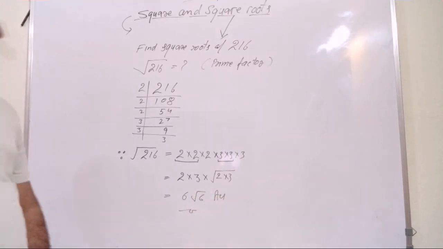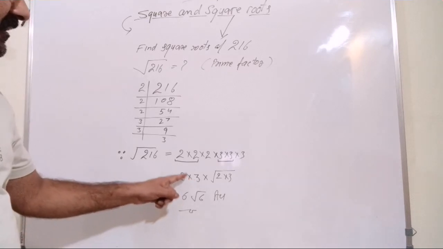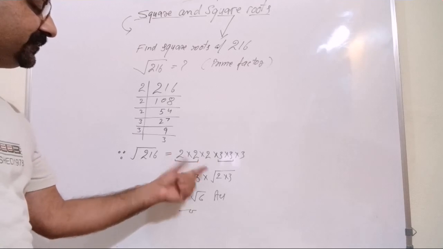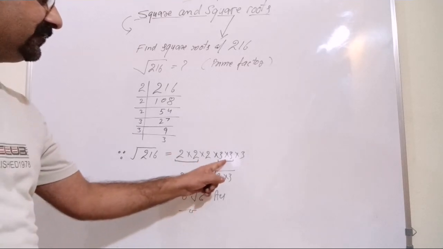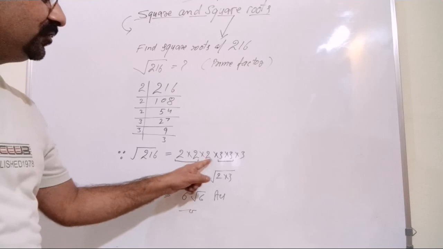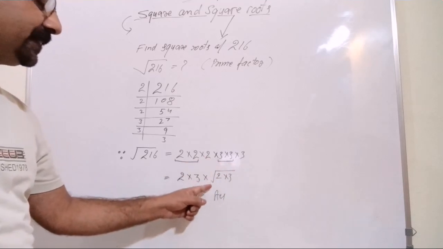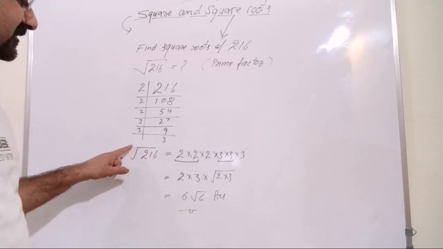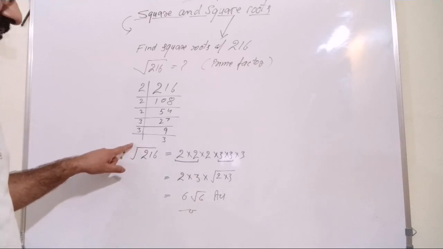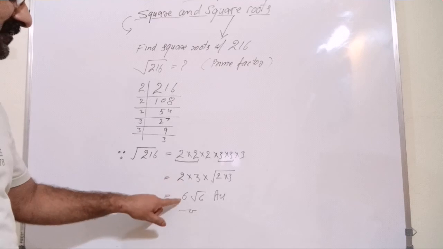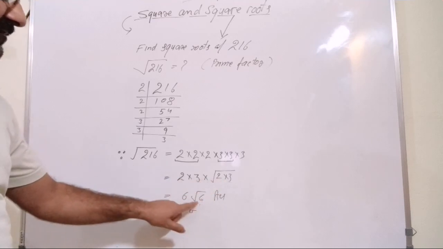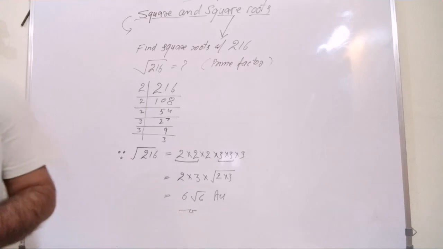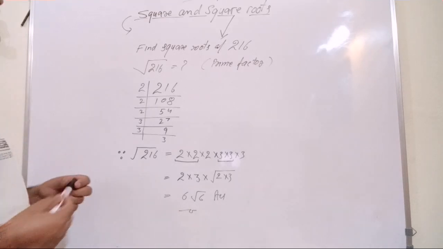Okay beta, we take 2 out by making one group, we take 3 out by making one group. We have 2 and 3 left inside the root sign. So 3 into 2 is equal to 6. 3 into 2 is equal to 6. 6 inside, 6 outside. Right beta? This is the square root of 216.